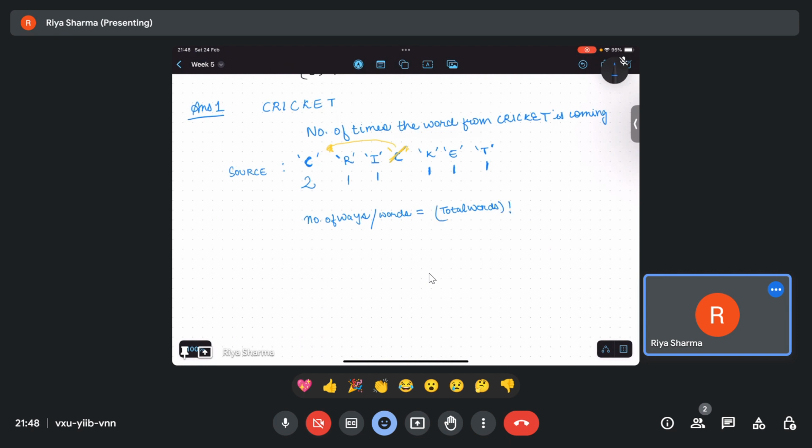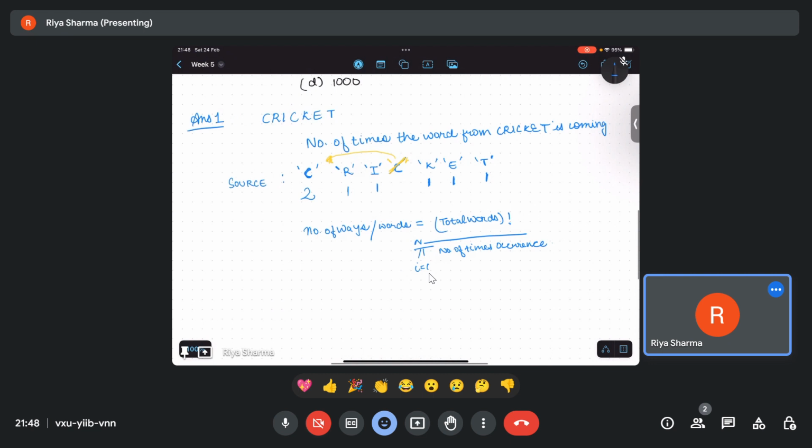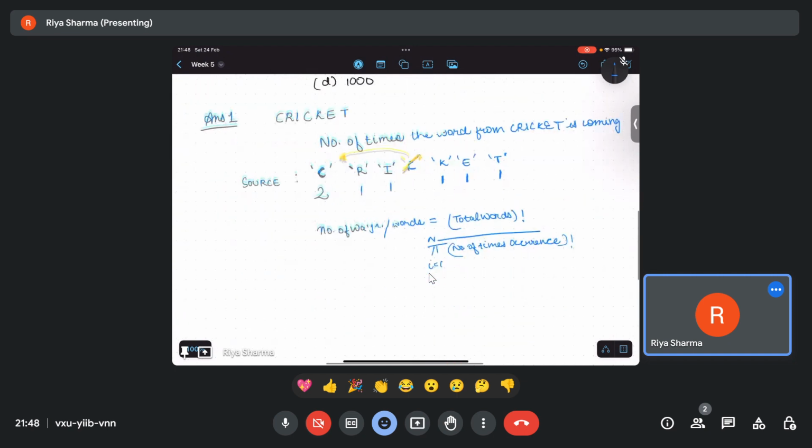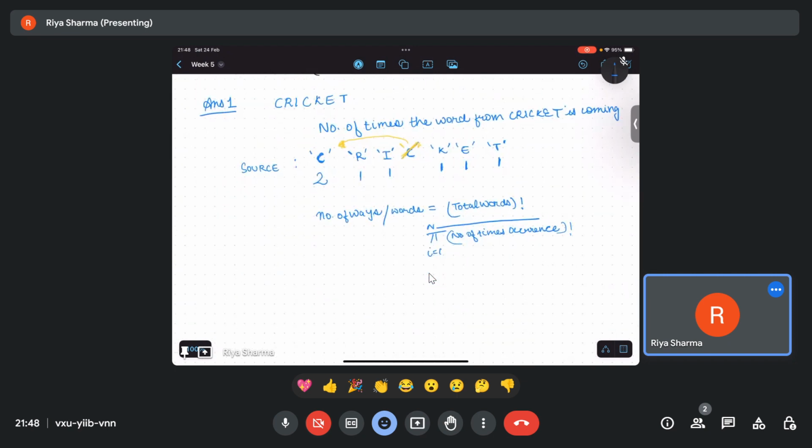Factorial divided by the number of times factorial, multiplied. This is actually the factorial.